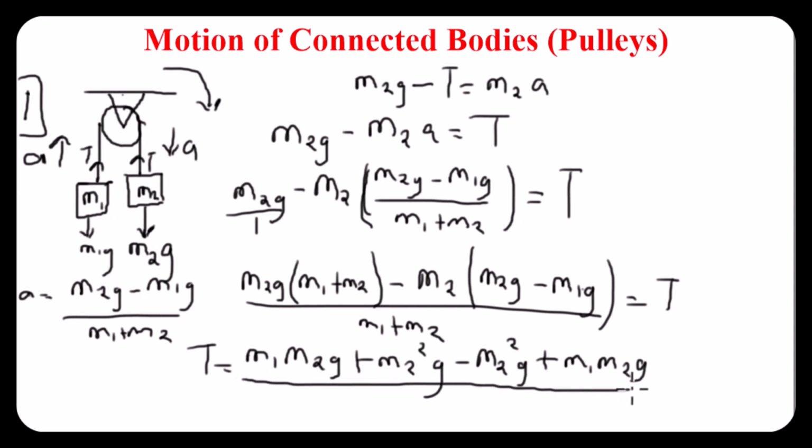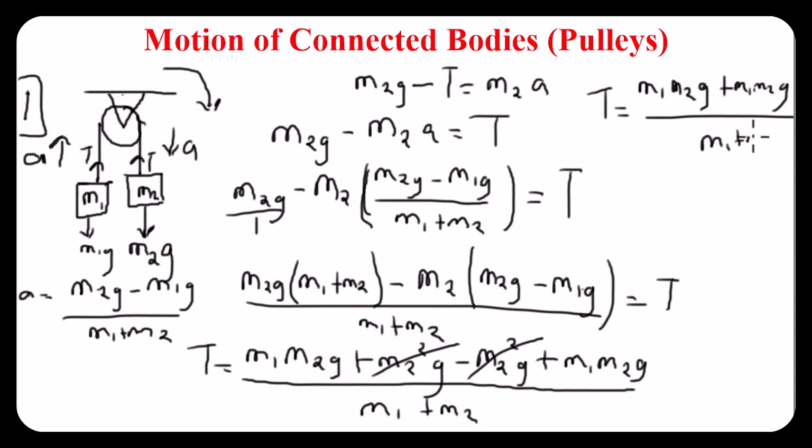Now divide everything by m1 plus m2. Now you can see that this expression in the middle, you can cancel them out. m2 squared g positive, m2 squared g negative. So my tension T will be equal to m1 m2 g plus m1 m2 g over m1 plus m2.